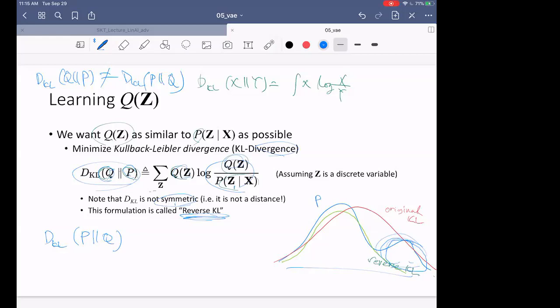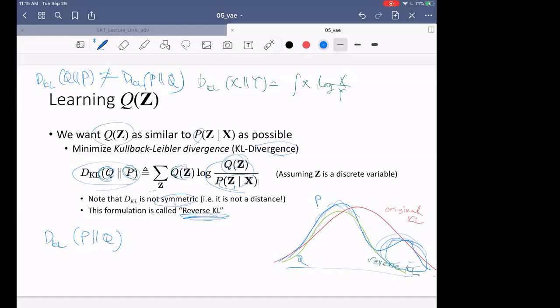So that's the limitation of reverse KL. But the upside is whatever you draw from your reverse KL Q will always be a legitimate sample, because it is following the true posterior distribution, at least in this region. So whatever Z you sample from your Q, it'll always be a legitimate Z.